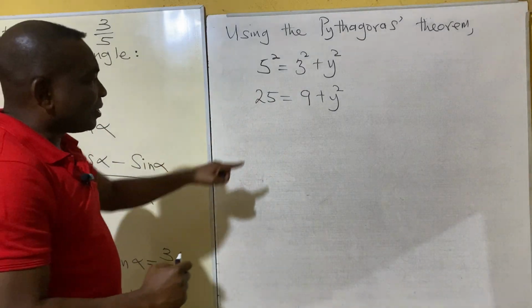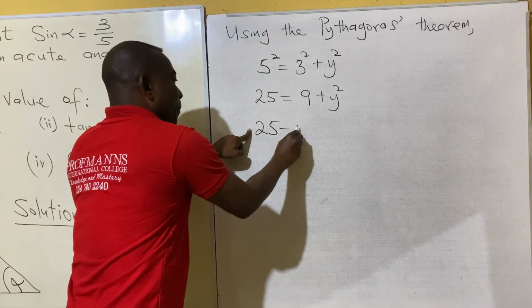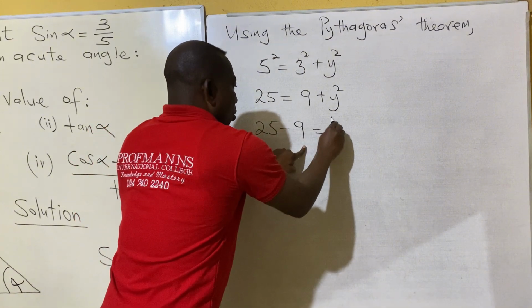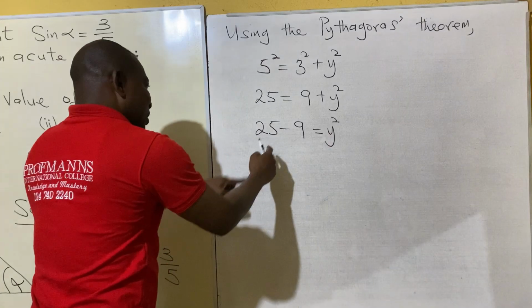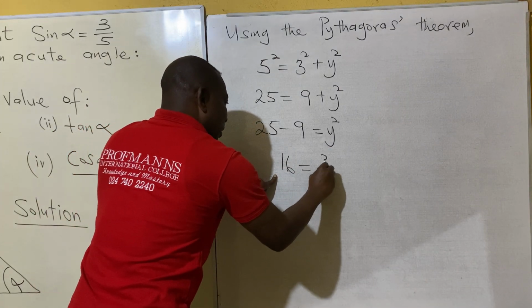Now let us group like terms. So we are bringing the 9 here. So it's going to be 25 minus, because it will cross the equal to sign, 9 is equal to y squared. Now, when you subtract this, you get 16 is equal to y squared.